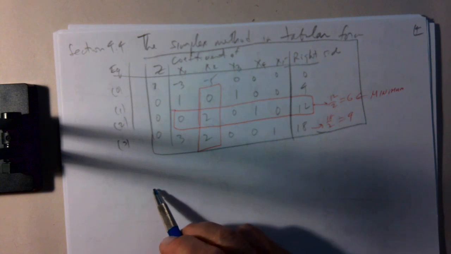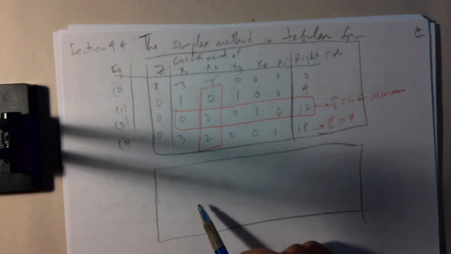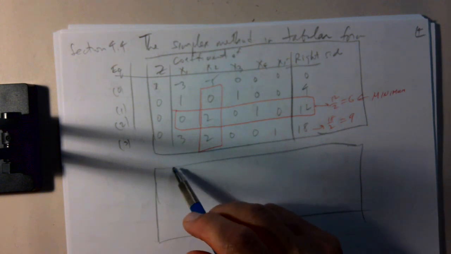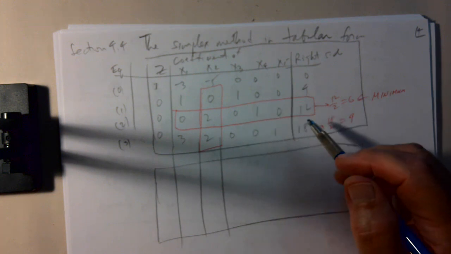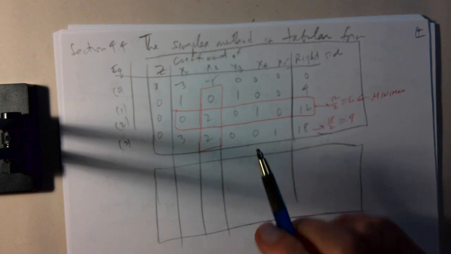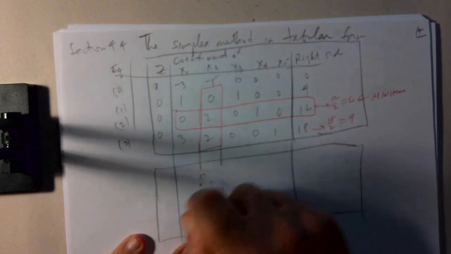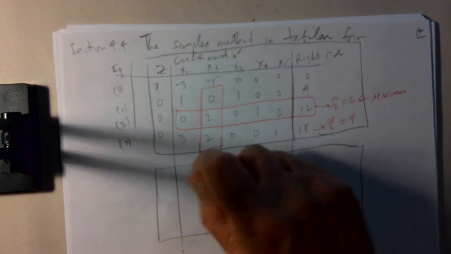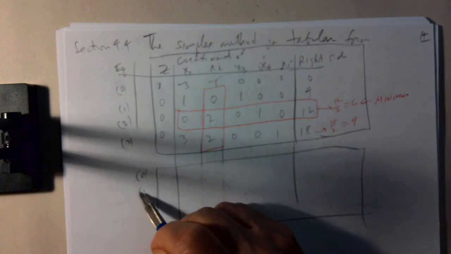So let me set up my next table. That's what it looks like. And this will be equation 0, 1, 2, 3.